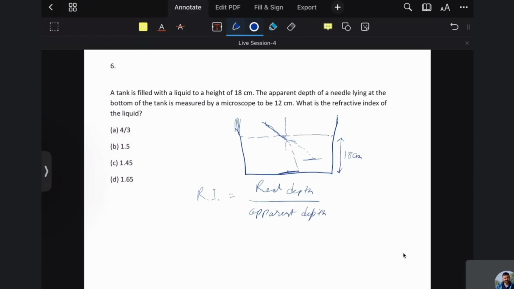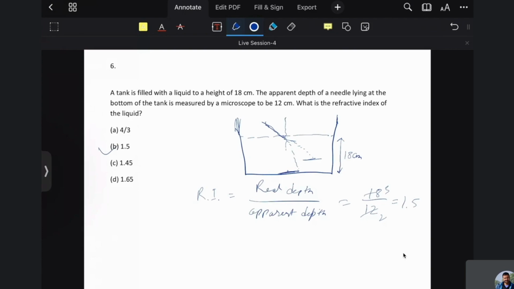So just divide these two. The real depth is 18 centimeter. The apparent depth is 12. So you get the answer as 3 by 2, which is 1.5, option B. Okay. Now tell me what is your doubt.